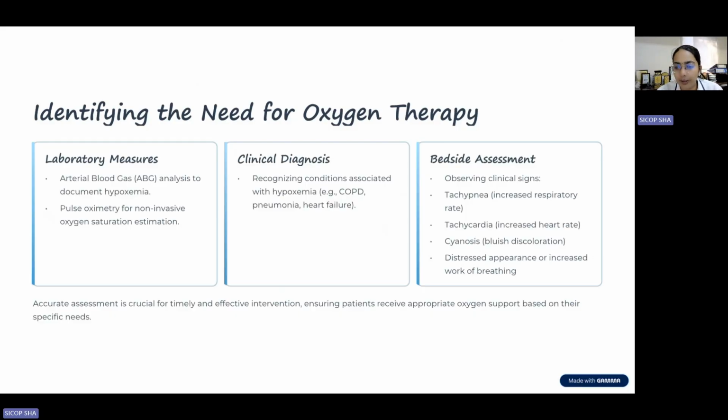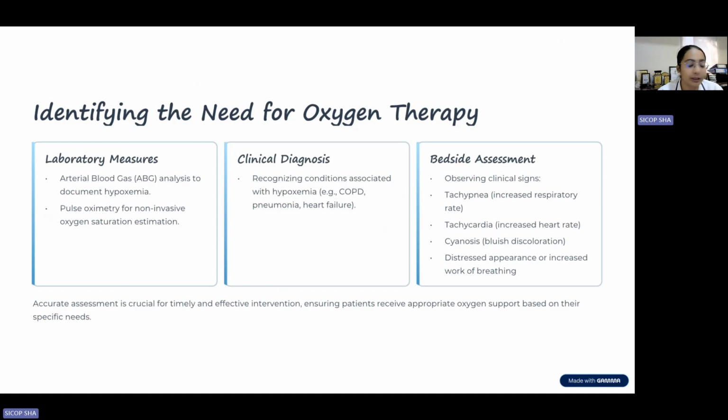Let's say you see a patient who is not currently on supplemental oxygen, but you observe certain clinical signs. For example, the patient is breathing heavily, is tachypneic, is tachycardic, looks a little bluish, and has distressed breathing.